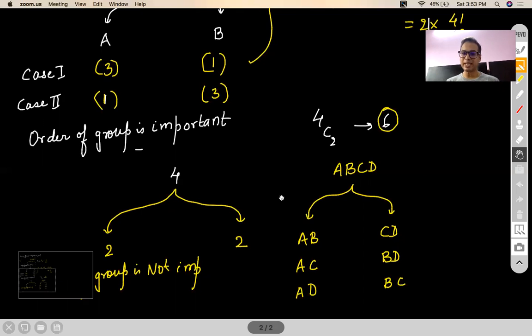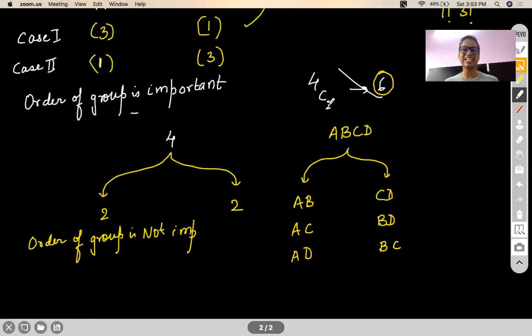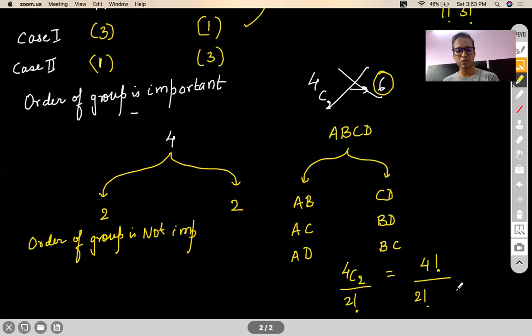Now, let me tell you, AB, CD and CD, AB are considered to be the same because you have just split them into two groups. So the answer here is not 6. The answer here actually is 6 by 2. So your actual answer here will be 4C2 by 2 factorial. Or you can say it's 4 factorial by 2 factorial, 2 factorial, 2 factorial.